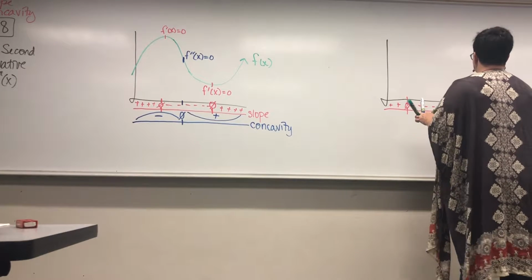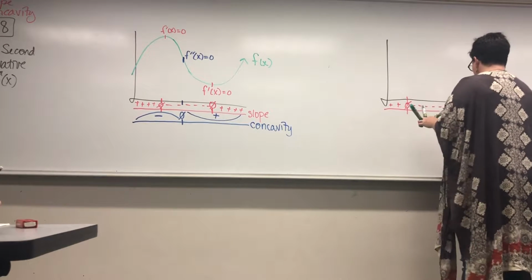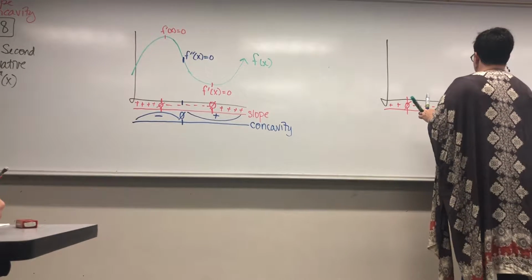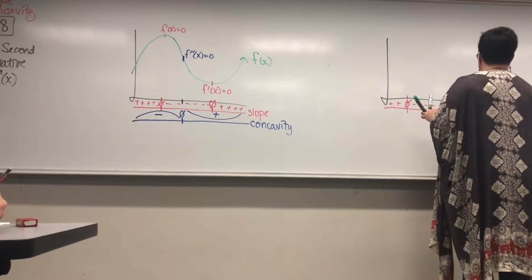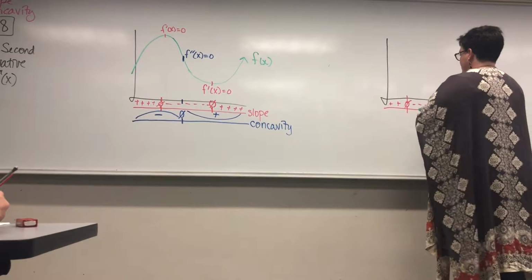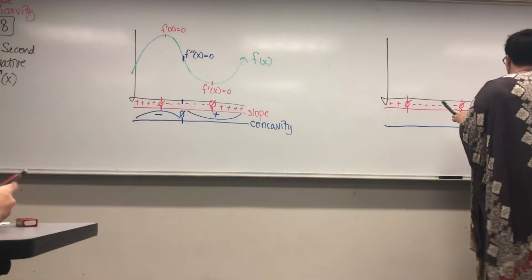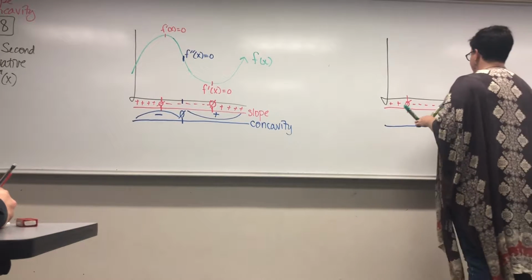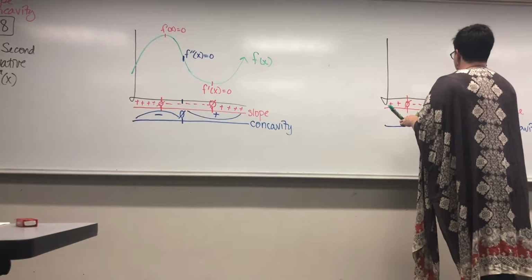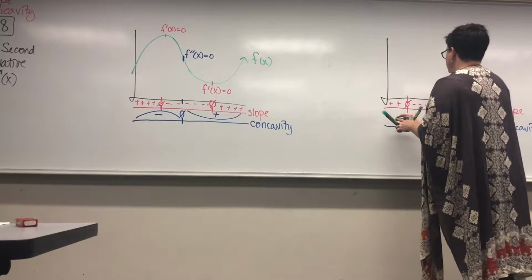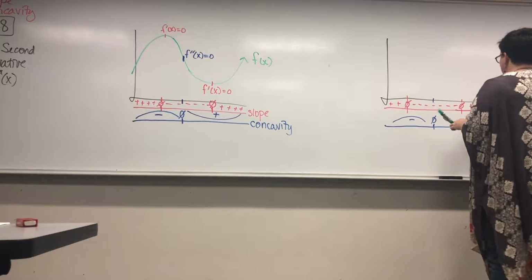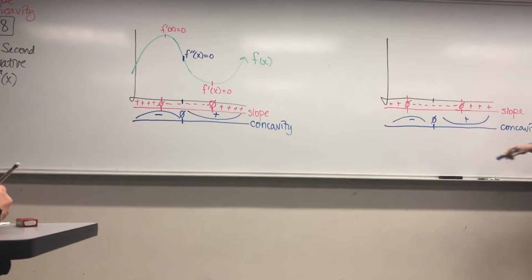Let's be consistent, shall we? 0 slope here, and then positive slope after that. And then on my concavity, give it a little more room. On concavity, I had a place where it was concave 0 right about there, and then I had concave down, and then concave up for this region. You guys ready for me to draw your original function just using this cue?